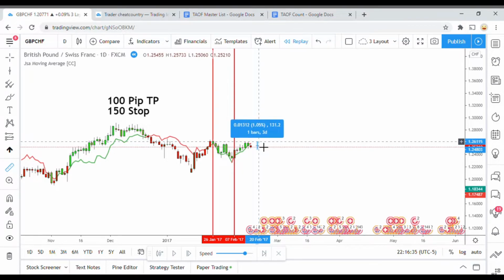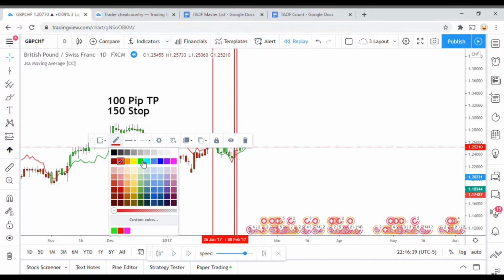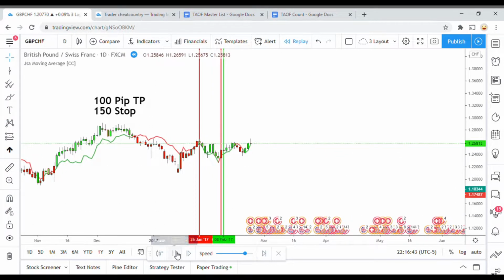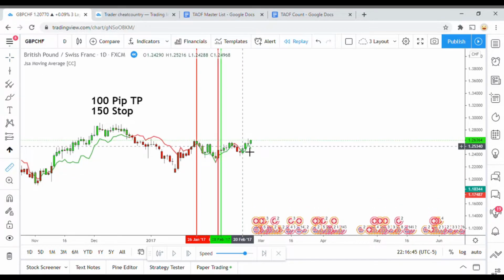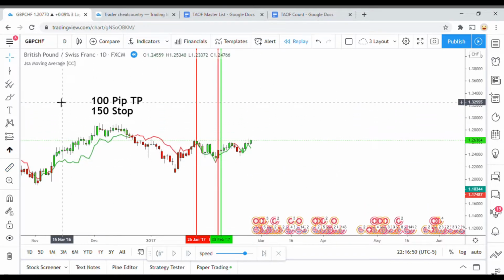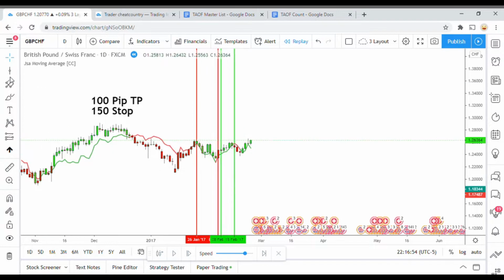Get along over here. That one did much better. Then a short right there. Let's see. That one got us to take profit as well. Then another long right there.